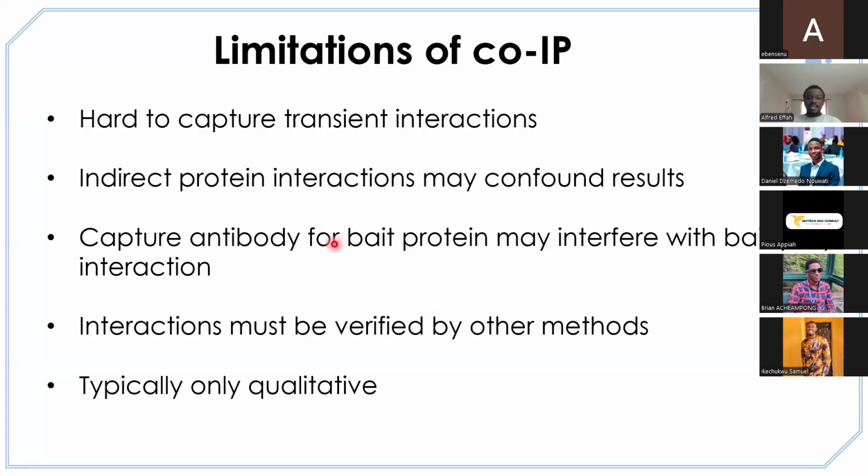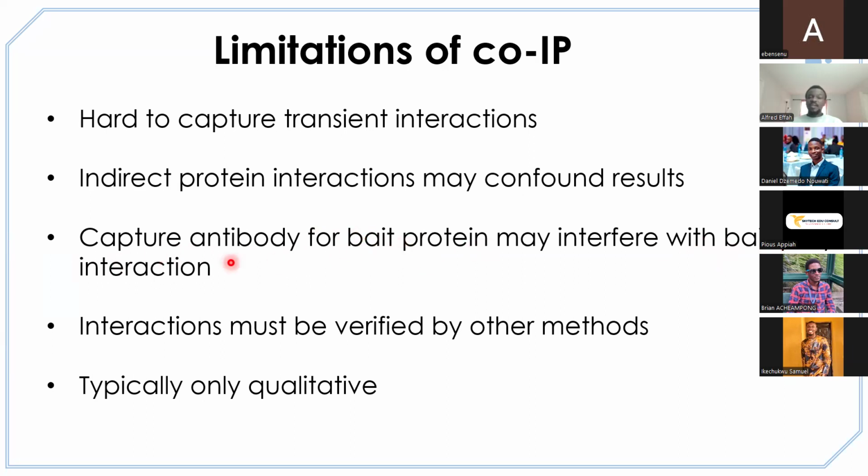Now, the capture antibody for the bait protein may interfere with the bait-prey interaction. So here, like I was talking about the polyclonal and then the monoclonal thing, assuming the antibody you are using to target the bait, the epitope where this antibody is supposed to bind is the site involved in the interaction with protein X. Then it tells you that when this antibody comes in there, it's going to disrupt the interaction between your bait and then the prey.